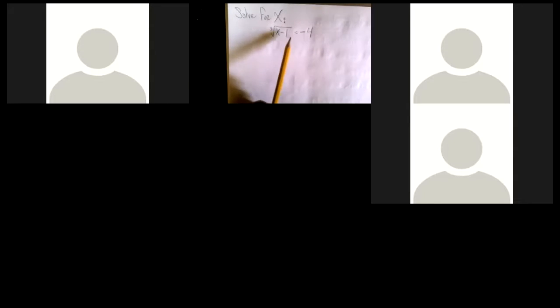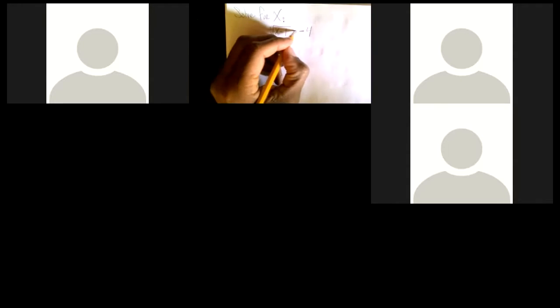So, Kathy, is this radical isolated? Yes, it is, because the negative 4 is on the right hand side. So this is isolated.